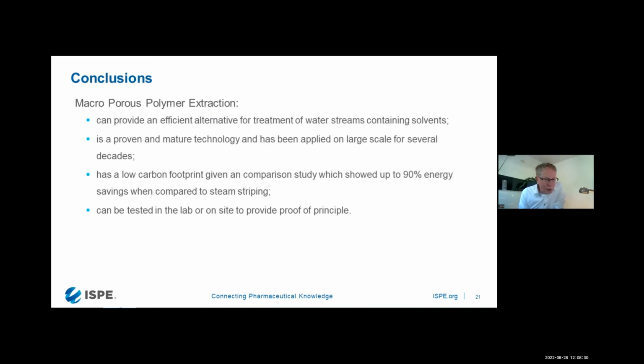We have been putting a lot of effort in testing the removal of different types of solvents, and in practice it works quite well. So we are now looking to get additional references for full scales as well, like the one I just described in Scandinavia and France.